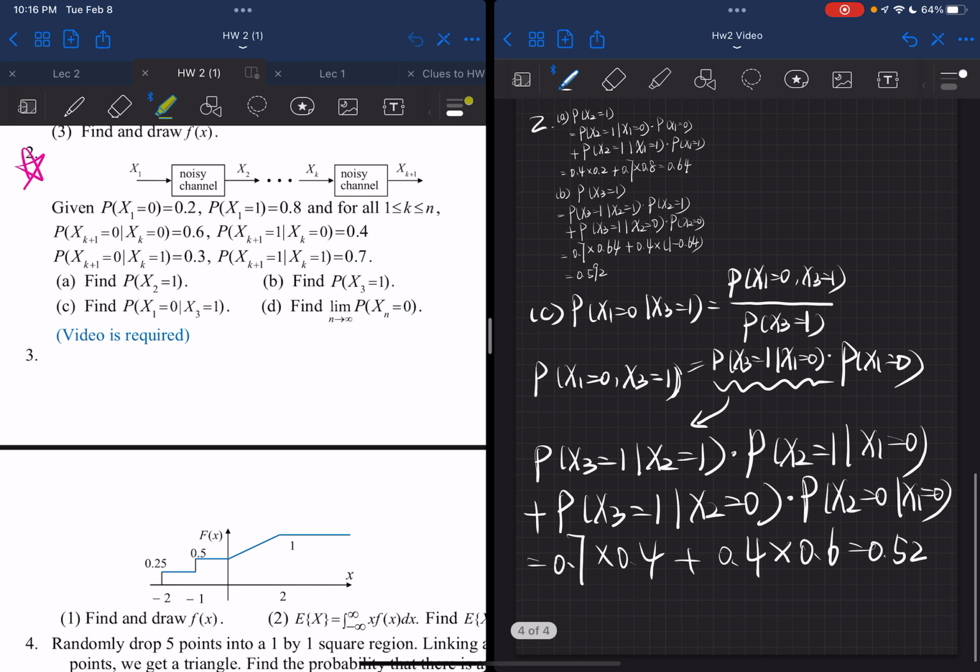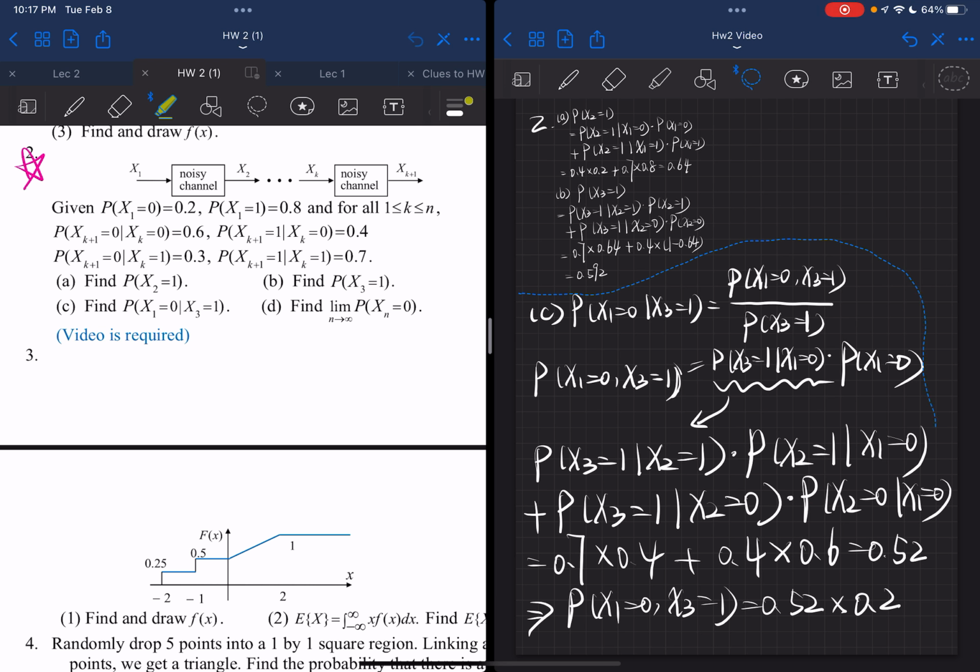So the probability of x1 equals 0 and x3 equals 1 at the same time is 0.52 times the probability of x1 equals 0, which we have from the problem, is 0.2.